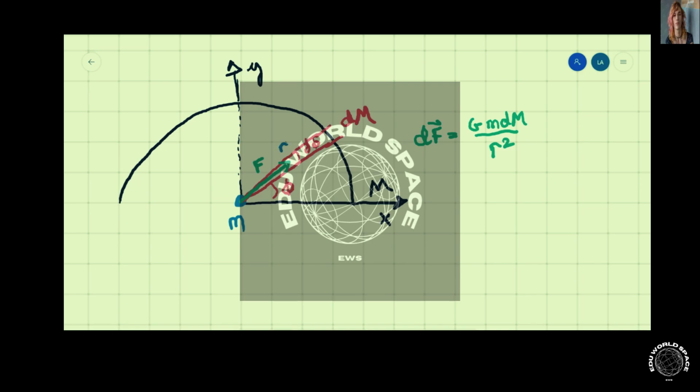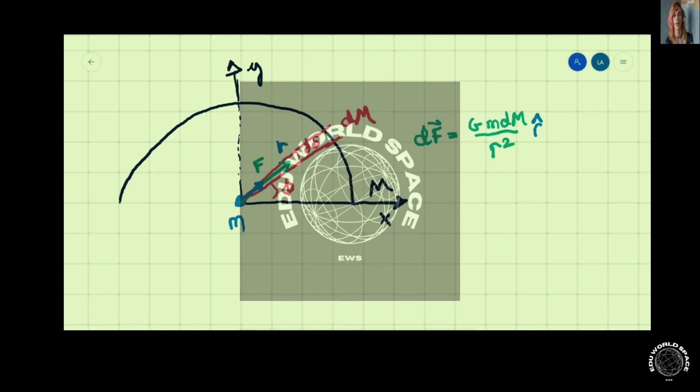I'll put R here. That's R. All right, and it's going to be an attractive force, so the force on this point mass is directed radially outward toward the differential mass. Now, this is a vector quantity, so we have to be careful to take that into account.